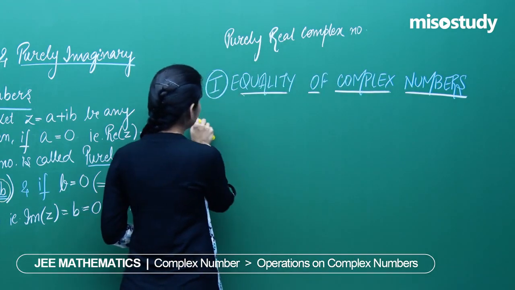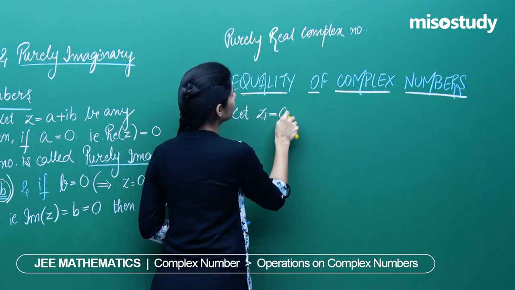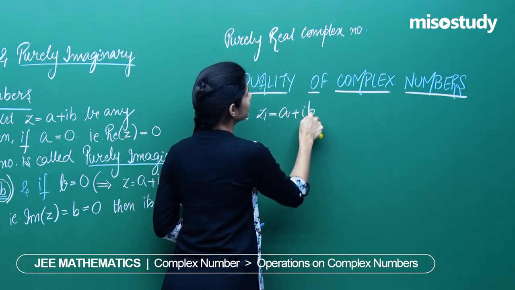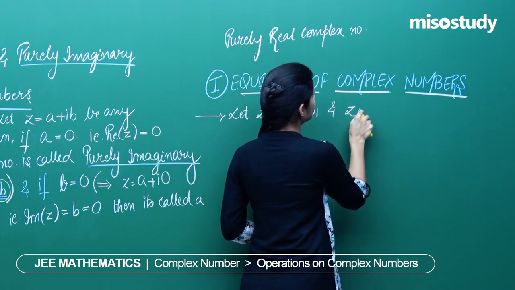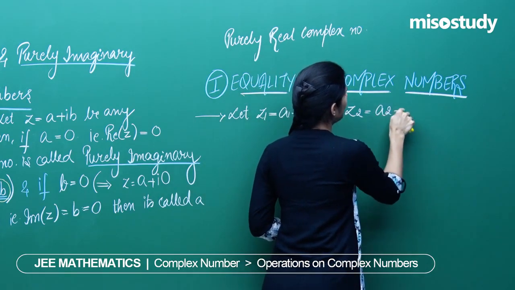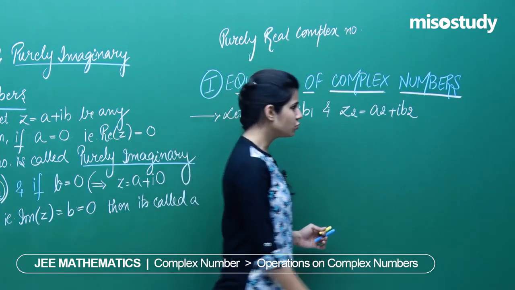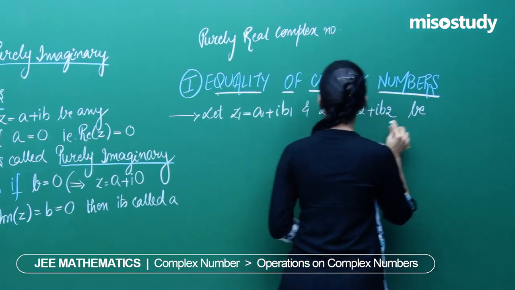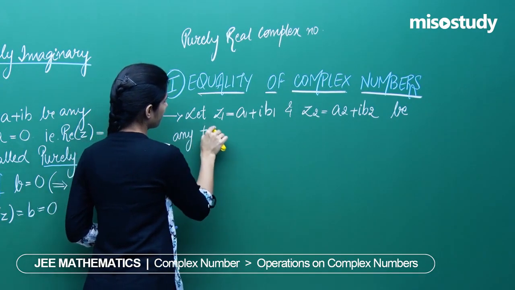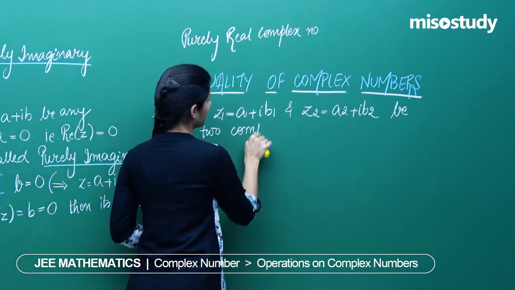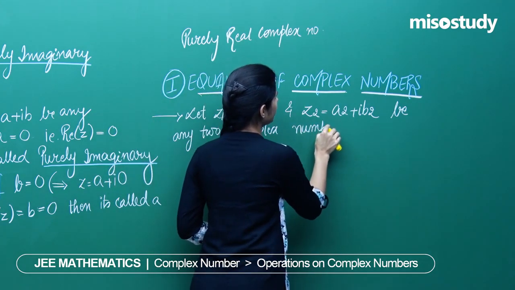I am saying that let z1 equals a1 plus iota times b1 and z2 is a2 plus iota times b2 be any two complex numbers. These are just two complex numbers given to you.